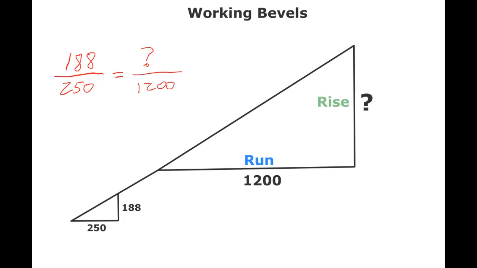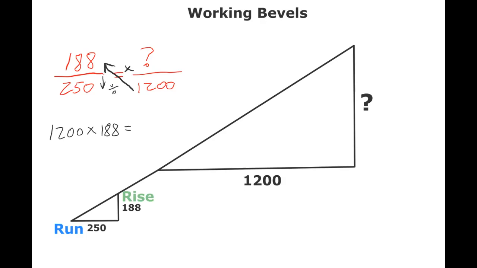Okay, so my run matches. I've got a run of 1200 here and I've got a run of 250 here. I've got a rise with a question mark here and I've got a rise with a 188 here, right? So now I can just go ahead and cross multiply, and then divide. And I'll draw it out for you just to make it clear what exactly I'm going to do. 1200 times 188.